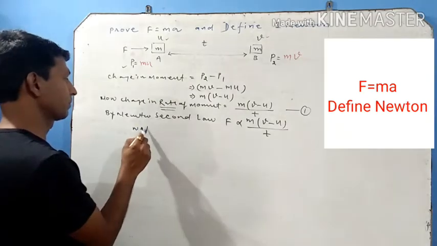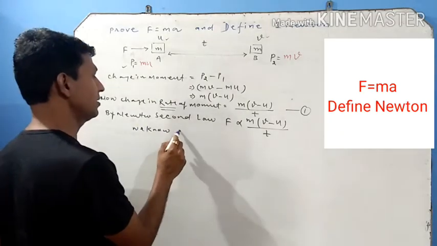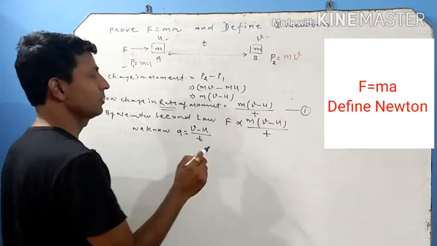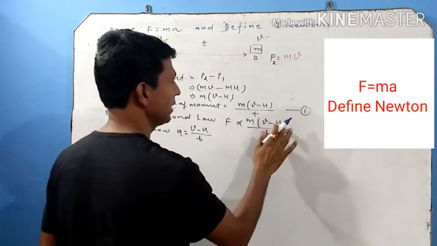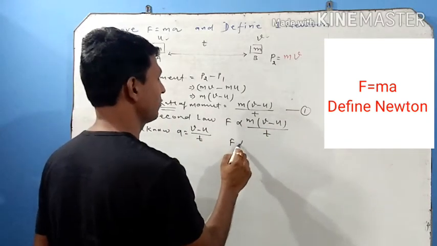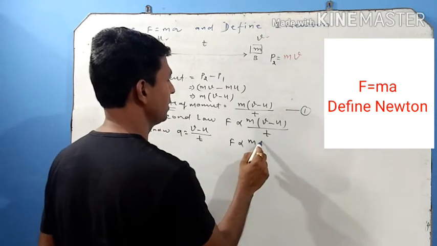We know acceleration is equal to change in velocity upon time. So what we have, (v minus u) upon t, this can be replaced by a, so it becomes F is proportional to m into a.